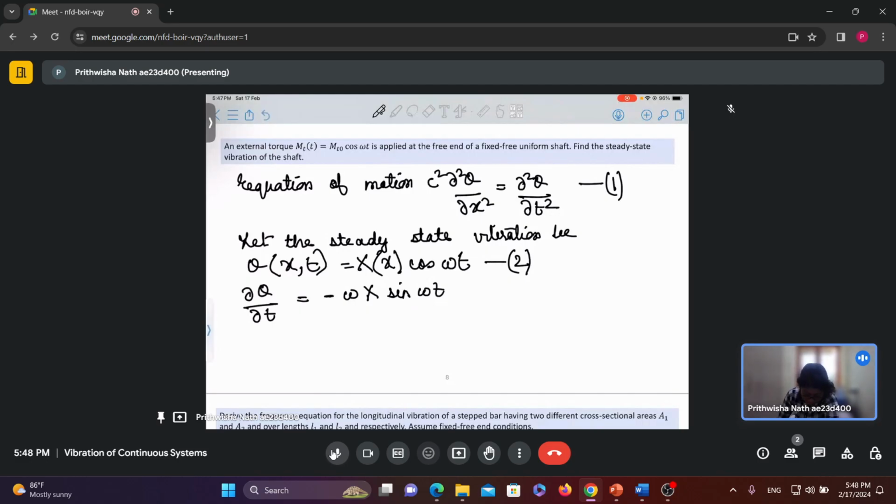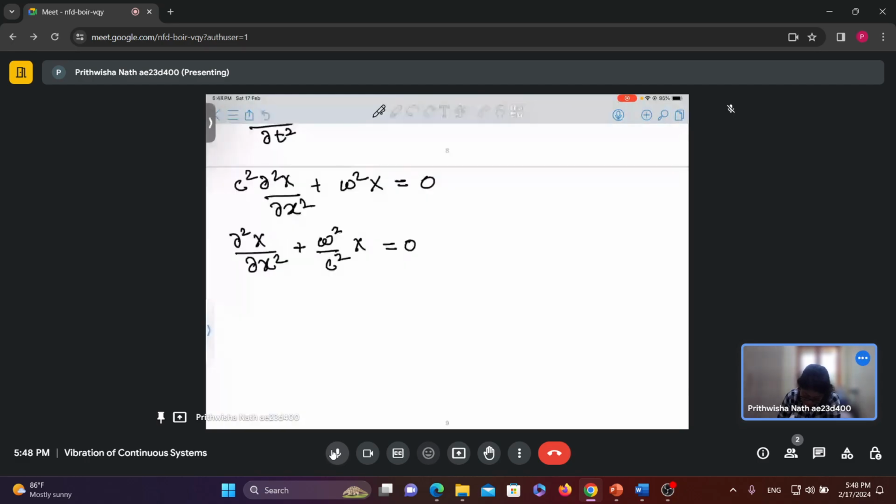Therefore we can write the solution as x becomes a cos omega x by c plus b sine omega x by c.